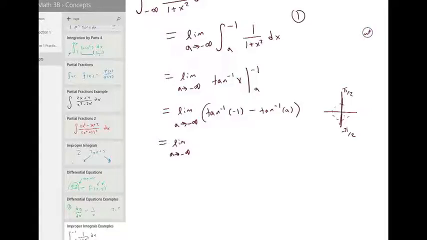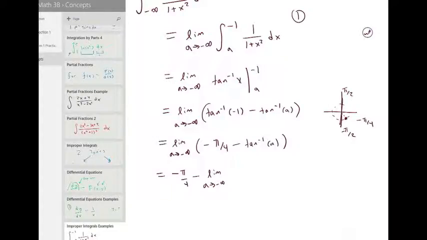And here tangent is -1 at negative pi over 4. We have negative pi over 4 minus inverse tangent of a. Since negative pi over 4 doesn't depend on a, we can pull it out of the limit. And we can pull this minus sign out of the limit.